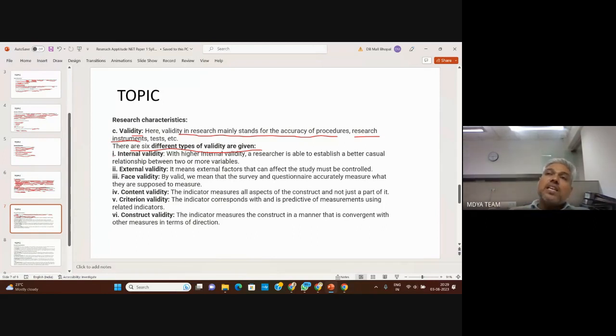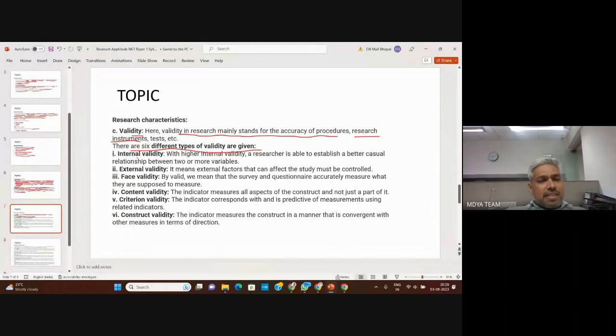Then you will understand it broadly and properly, because the syllabus is very short, so we'll go according to the syllabus of the UGC NET. There are 6 different types of validity. It is very important. Learn it and understand it, because this will help you in higher education.